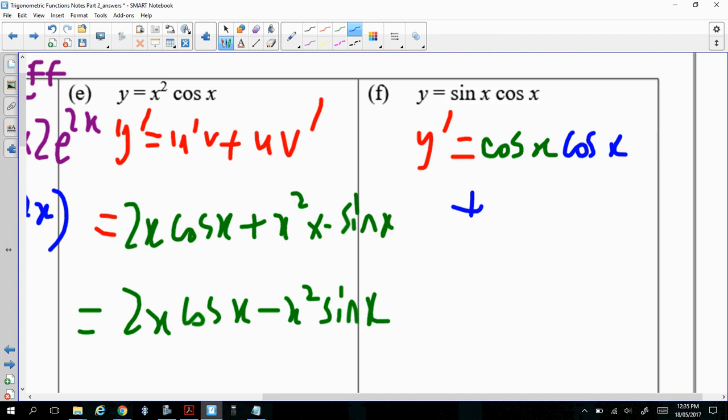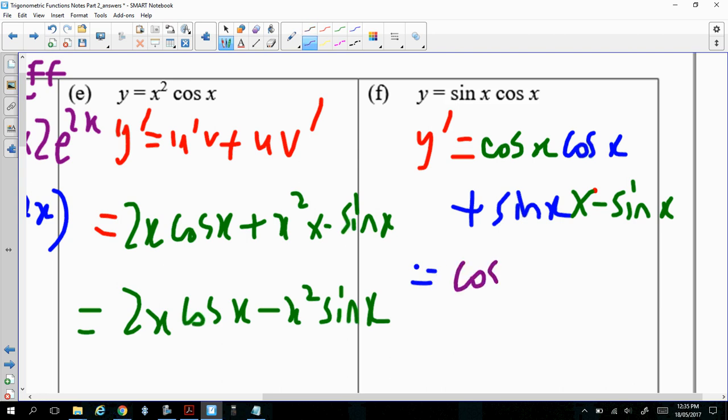And if we simplify that, you will get cos squared x minus sine squared x. Okay, good. You don't need to simplify further. You can leave it like that.